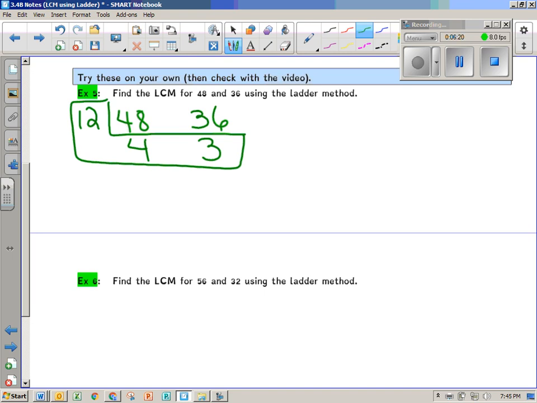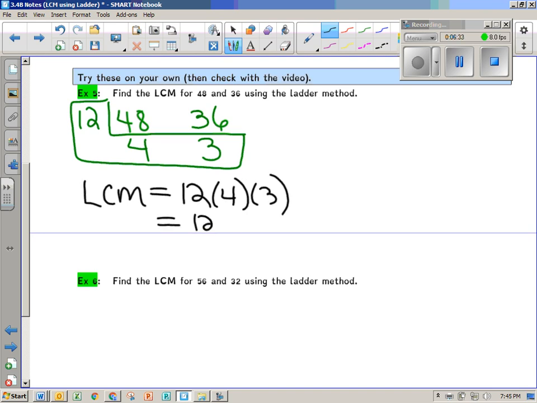So I'm ready to multiply everything in my L together. I would write LCM equals, and write every number that's in the L and multiply it together. So we've got 12 times 12, which we should know is 144.